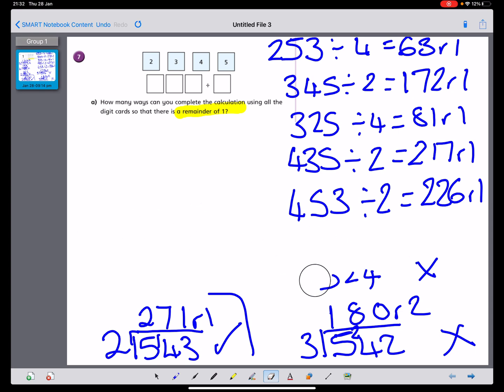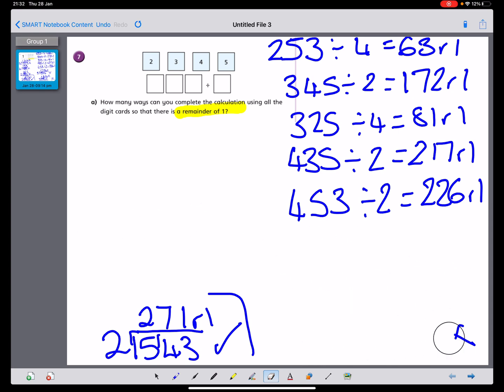So let me rub out all of these. So here is our list of the ones that do work.